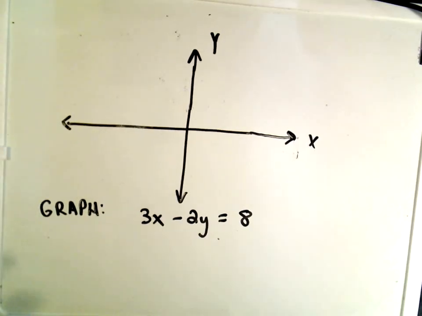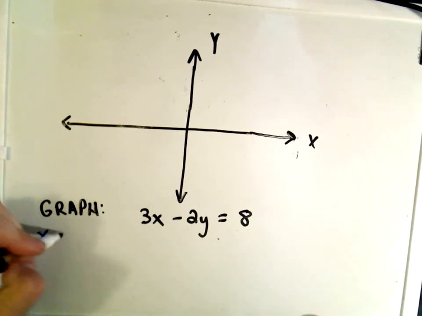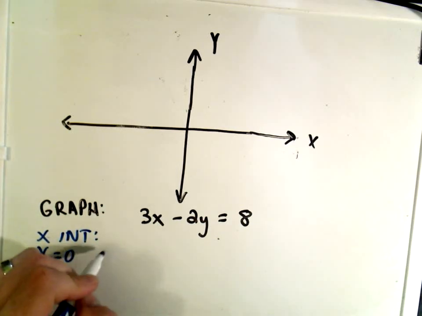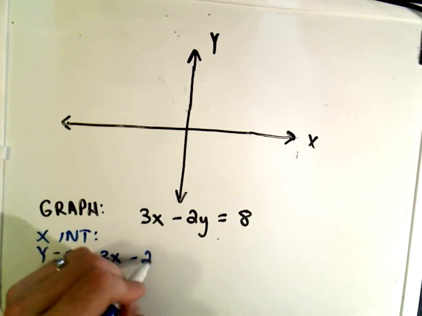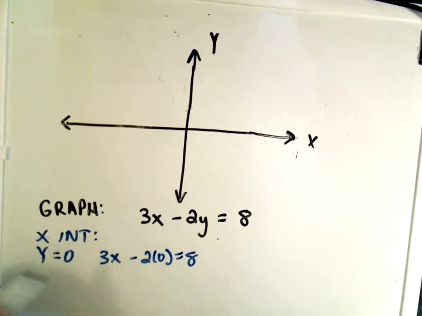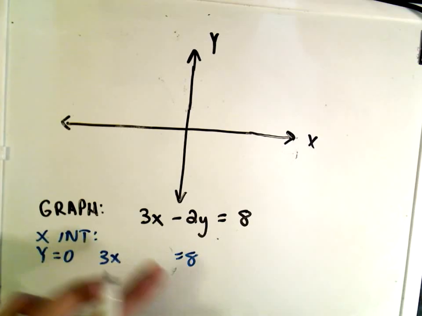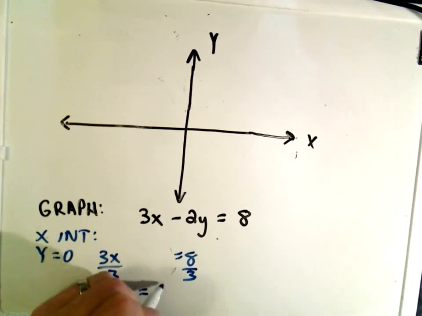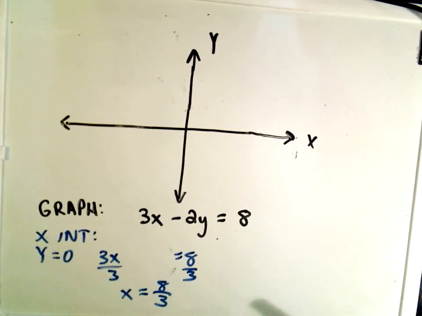Same exact idea. The order you do this in doesn't matter. To find the x-intercept, we let y equal 0. So we get 3x minus 2 times 0 equals 8. 2 times 0 is 0, so we're left with 3x equals 8. If we divide both sides by 3, we get x equals 8 thirds.